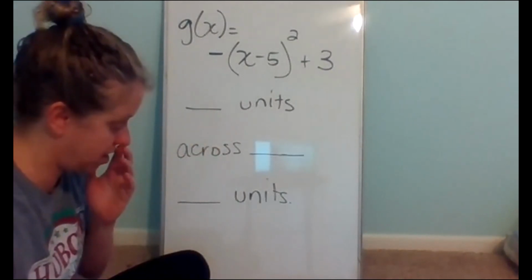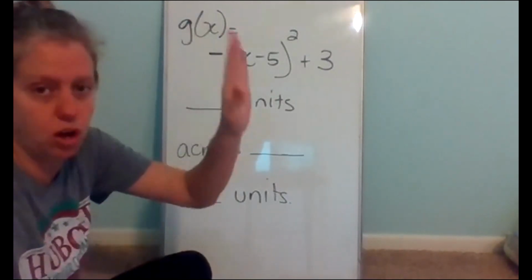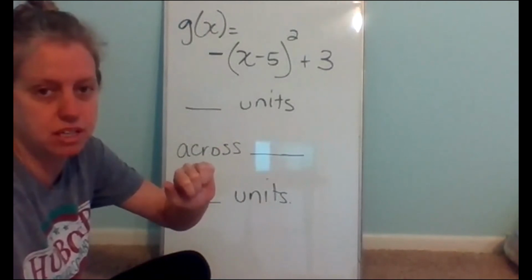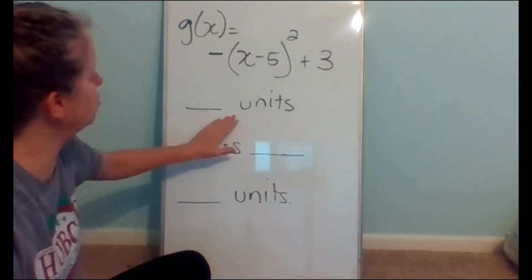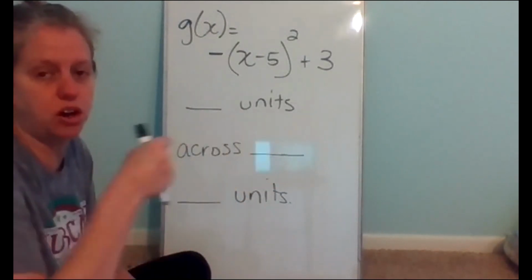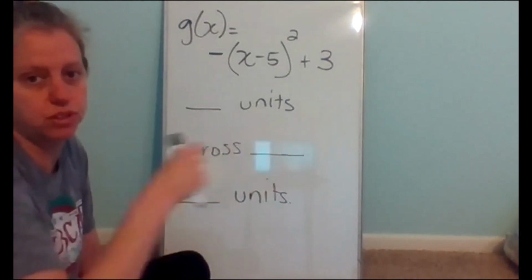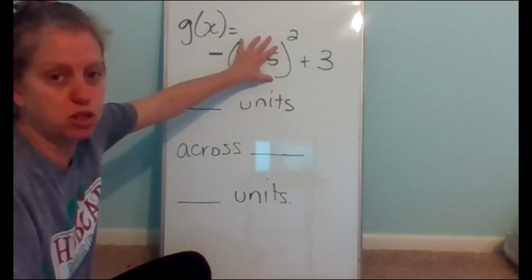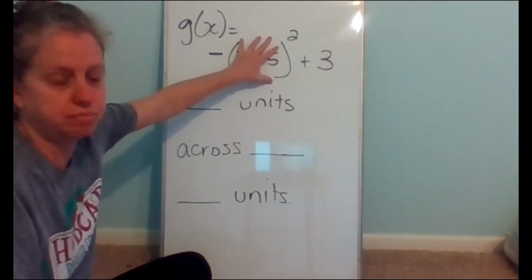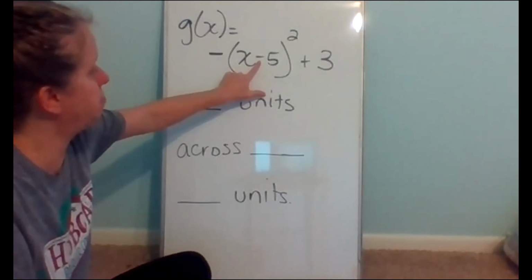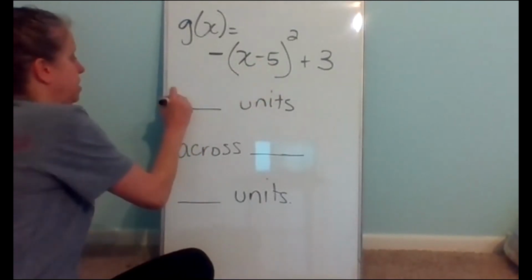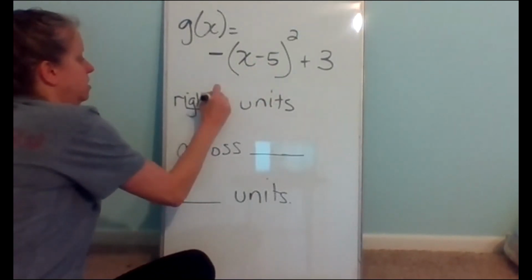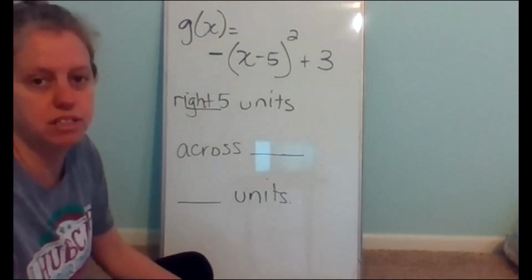This first drop down has all right and left options. So the first move that you're going to make is the horizontal move, the left-right move. Okay, so let's see. Here the inside numbers are what shift you left and right. So if I'm going -5, that means I'm going to go to the right 5 units.